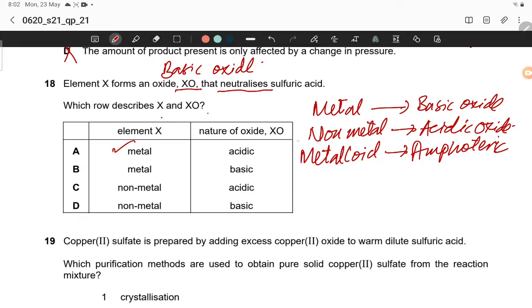The nature of oxide XO is not acidic. This is metal and this is basic. B option is correct. Non-metal acidic: according to this statement, non-metal is acidic, but over here X is not a non-metal, it is a metal.